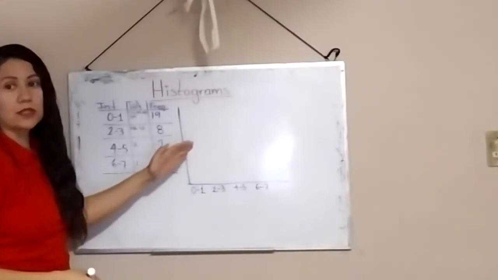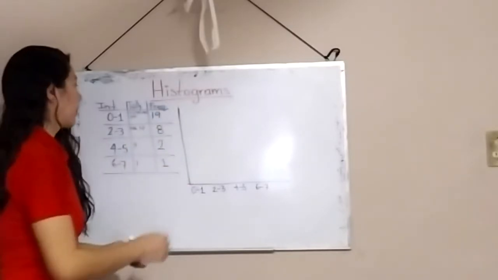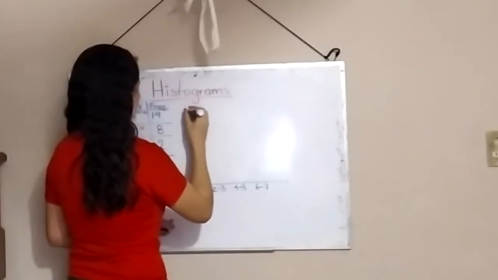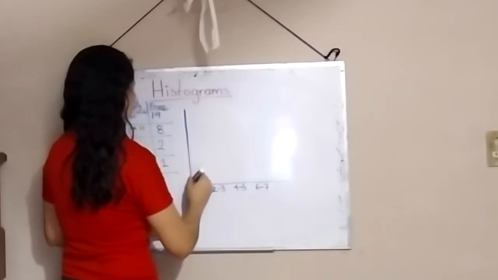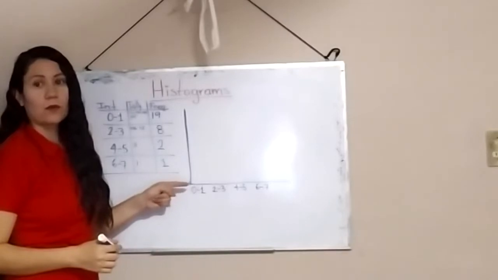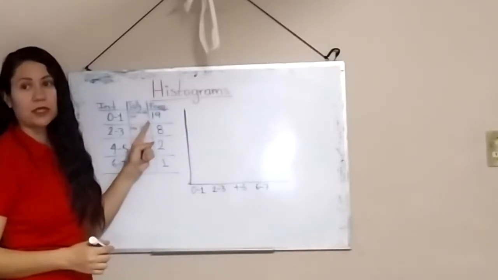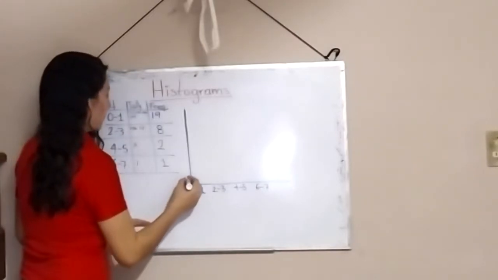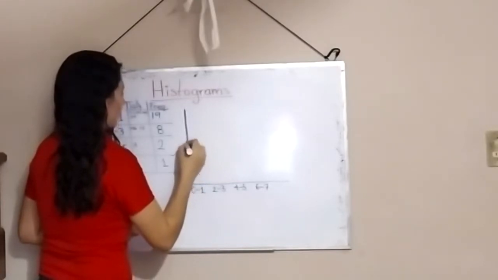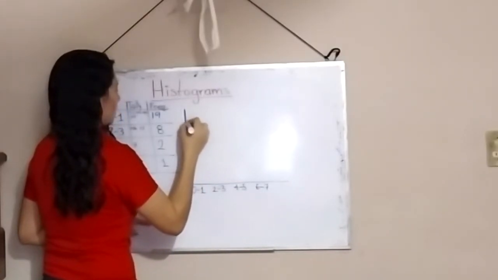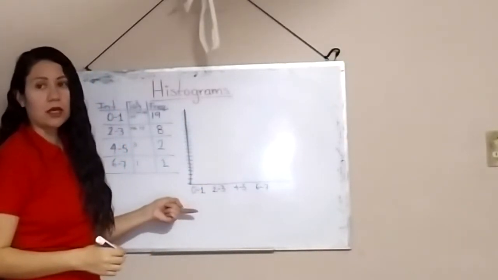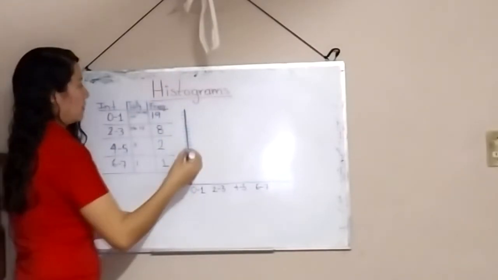Now we are going to graph the frequency into our histogram. We are going to place numbers from 1 to 19 because we need 19 for the first interval, and our first bar is going to go all the way to 19.